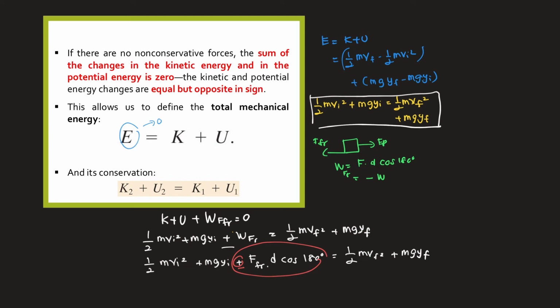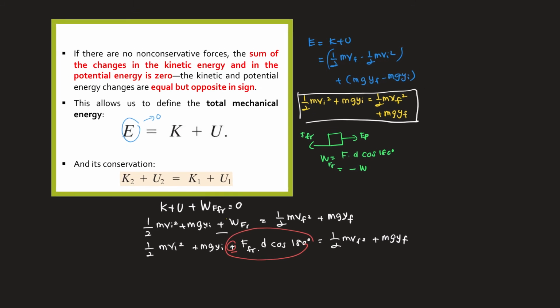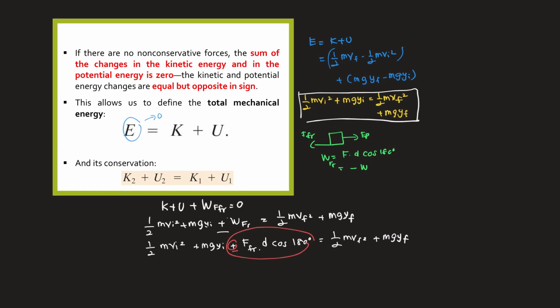If you put your work done by frictional force on the final side, you just transfer the term to the other side. So you get your formula as half mv initial squared plus mg y initial equals half mv final squared plus mg y final plus the work done by frictional force.